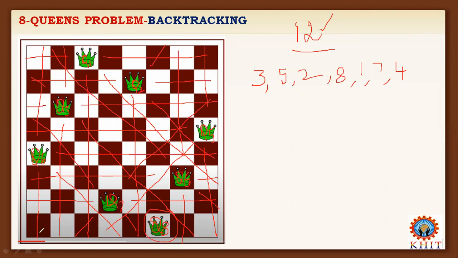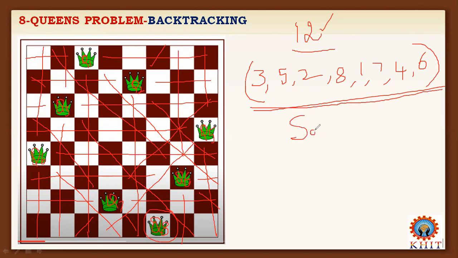In the eighth row, 6th place. Students, you can arrange the queens in such a manner. This is the solution to the given problem. This is considered as solution 1.